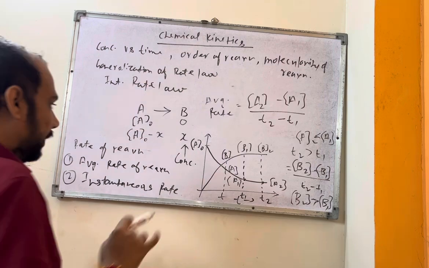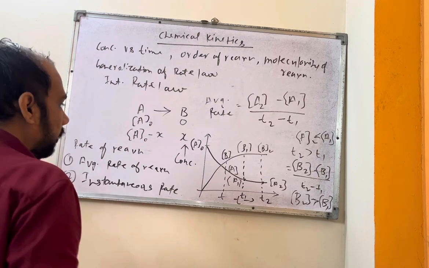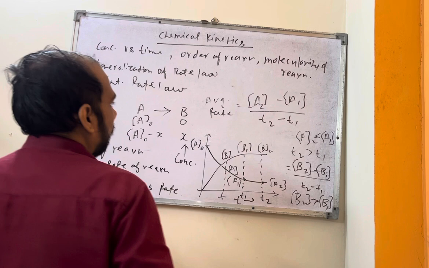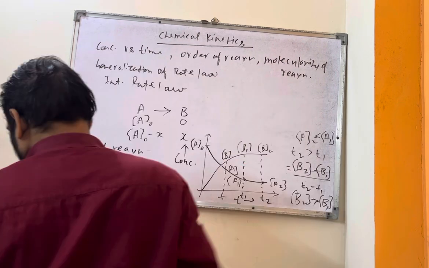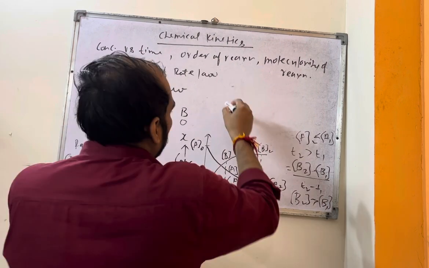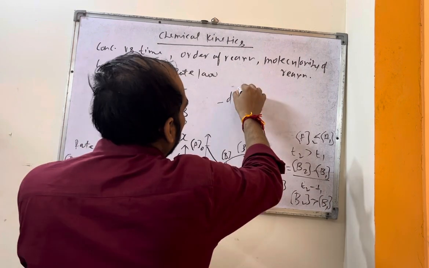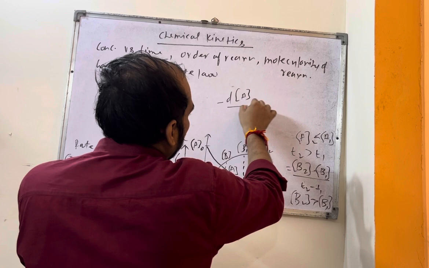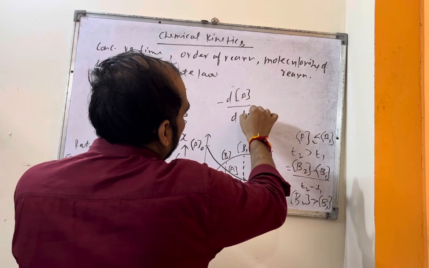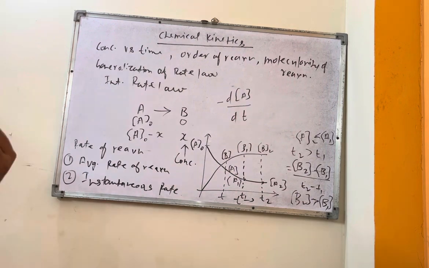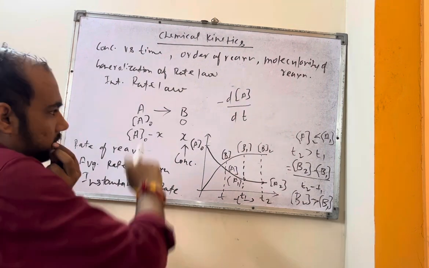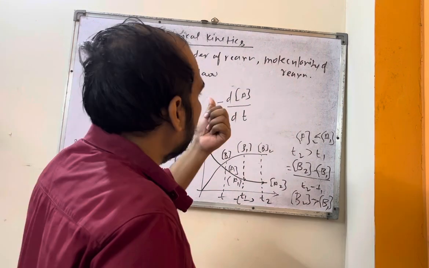So what we can write is that the rate now will be written in terms of differentials. Minus dA by dt is the instantaneous rate for A, and why negative?